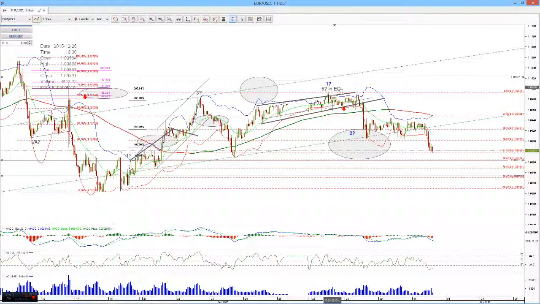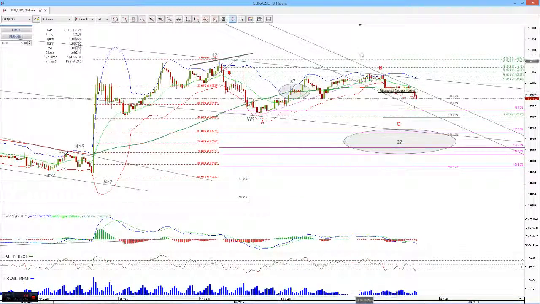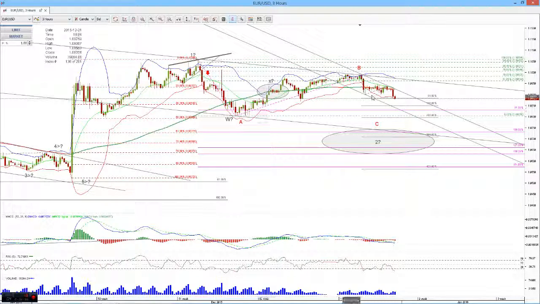And currently we are doing, in my opinion, 5, 3, 5 to the downside, or 1, 2, 3, 4, 5, depending on which of these alternative scenarios is more likely. In my opinion, more likely is 1, 2, 3, 4, 5 in order to complete A, B, C, rather than 1, 2, 1, 2.